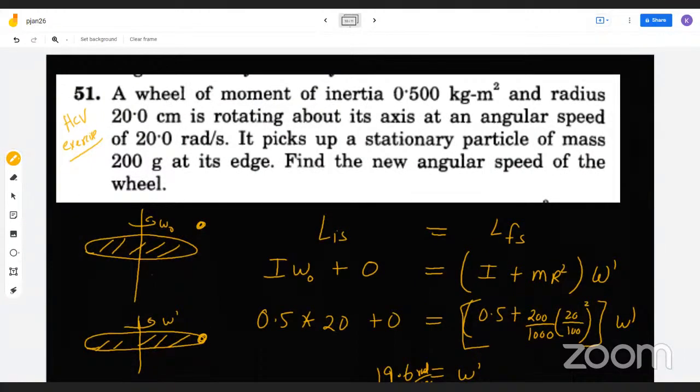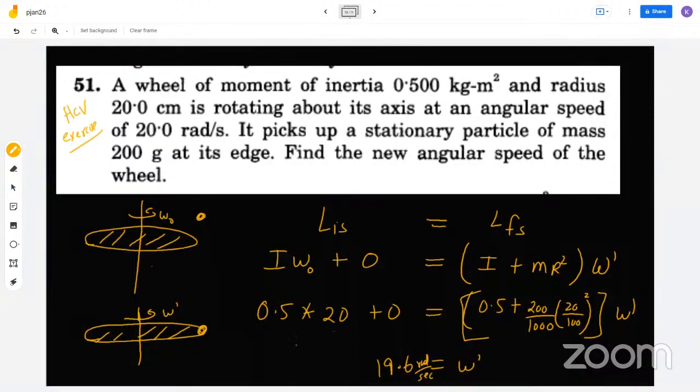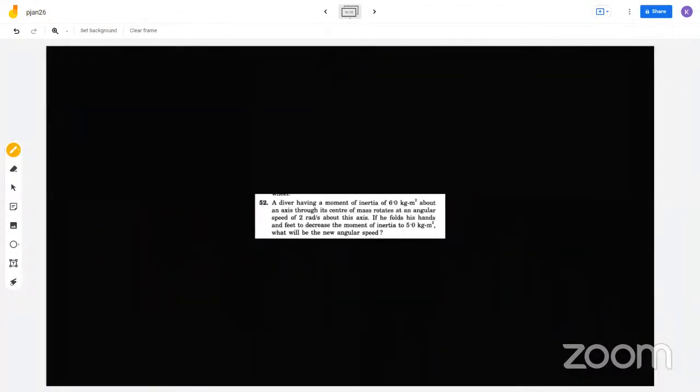Yes, Atre, please check if the answer is matching or not. Ratmesh. Okay, guys. So if you have done, I will go to the next one.